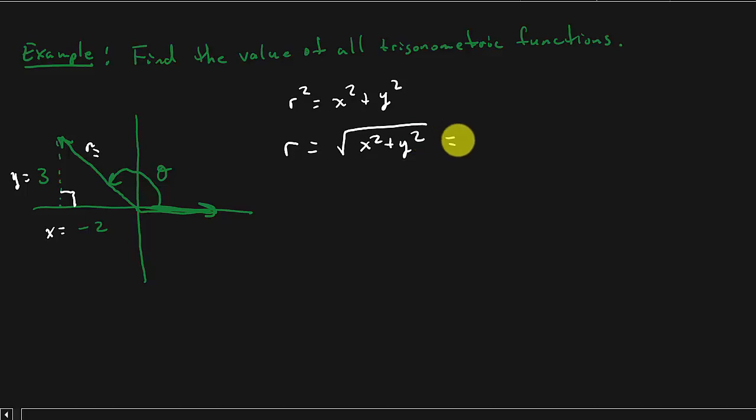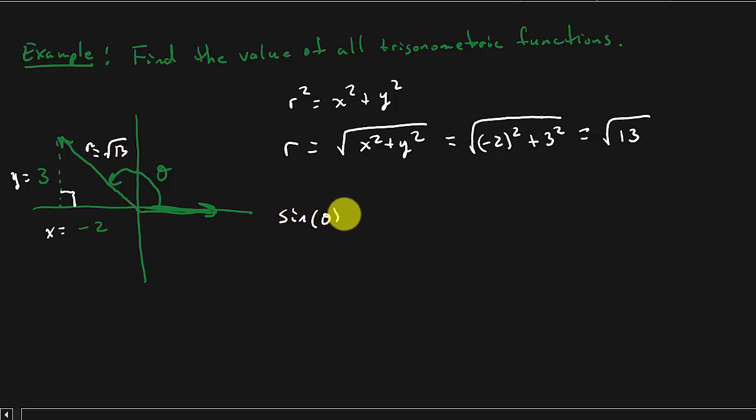And so r in this case is the square root of negative 2 squared plus 3 squared. And so that's the square root of 13, 4 plus 9. So r is the square root of 13. All right, so now we have sine theta is equal to y over r.